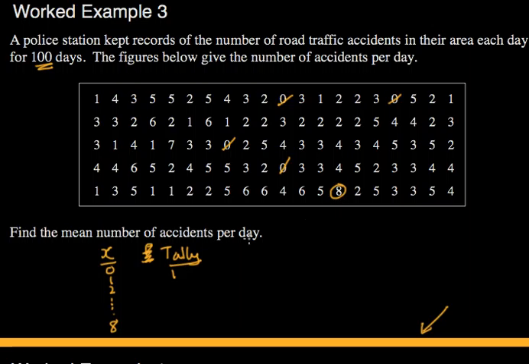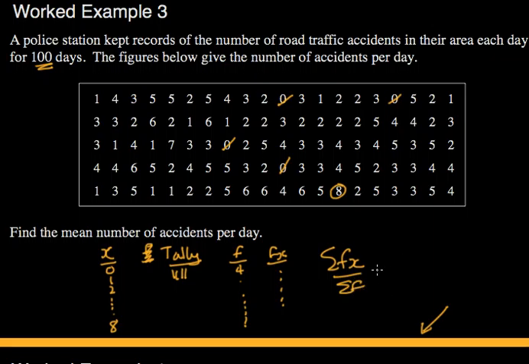So because it's easy to miss them, what I have to do, after I've worked out my tally, I'd write my frequency. I have to add all of my frequencies together, and it has to be the same as the number of numbers, which is 100. So that's one way to check. I'd have to add all these together to find it's 100. And then after that, I'd have to do fx again, work out all these numbers, and do the same formula.